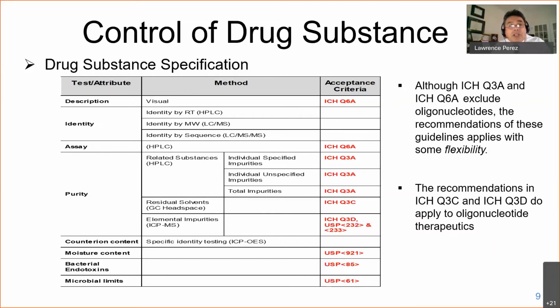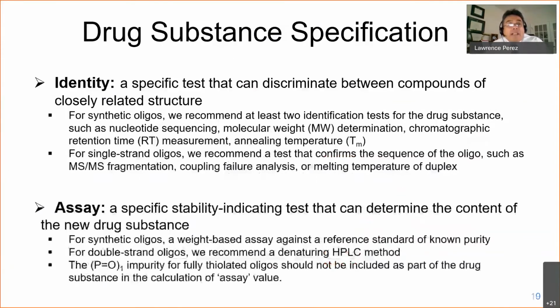But in terms of the discussions that we have, I want to really drill down and look at the tests for identity, assay, and purity. For the identity test in the drug substance specification, this should be a specific test that can discriminate between compounds of closely related structure.